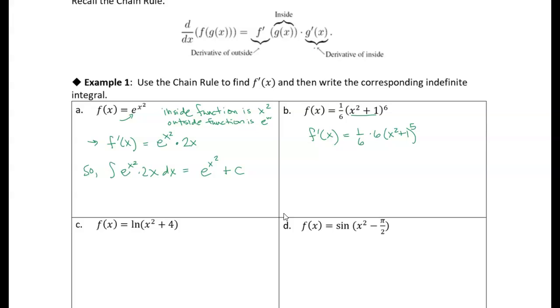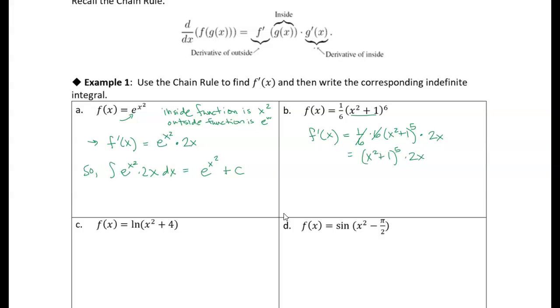Just using the power rule. Now I have to take the derivative of the inside function, again using the power rule, so I get 2x. And I can simplify that a bit, right? 1/6 of 6 is 1, so I can cancel those out. So I would end up with x squared plus 1 to the 5th times 2x.